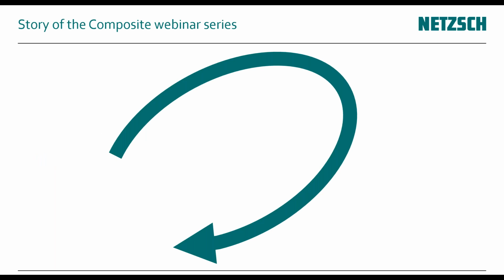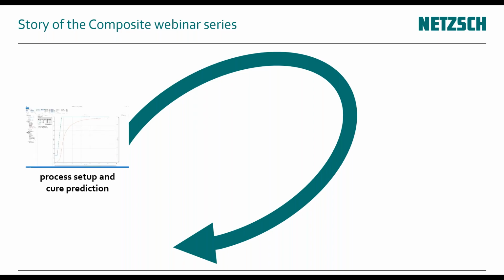This is part of a whole story of composite manufacturing, and we as NETZSCH, as suppliers of instruments for quality control and material testing, display how we take part in this composite manufacturing workflow.